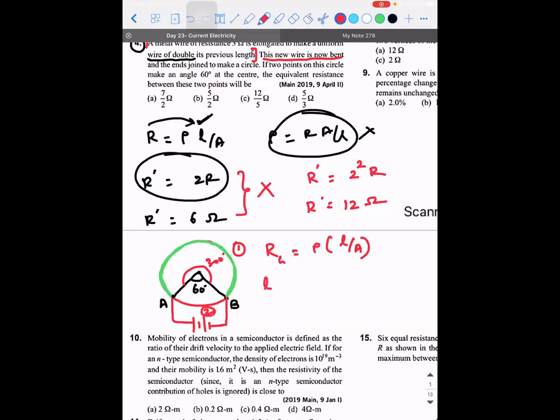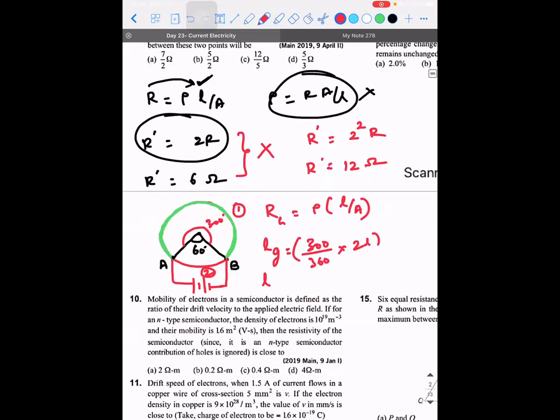Length of the green portion is 300 divided by 360 into 12. Okay. Next. What will be the length of the red portion? That will be 60 by 360 into 12, correct? Now what about the area?